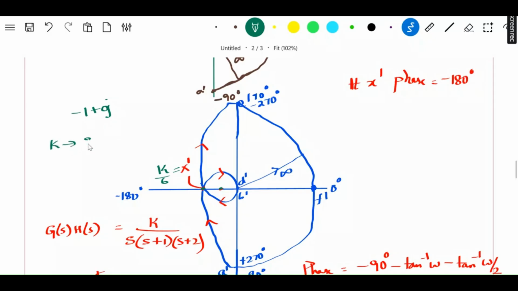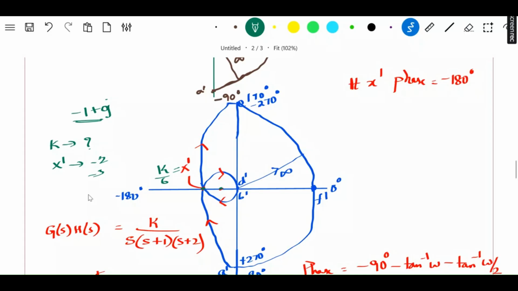What should be the k value so that x dash will be within minus 1? Minus 1 plus 0j will be covered within x dash. So x dash should be more than minus 1, like minus 2, minus 3, like that.